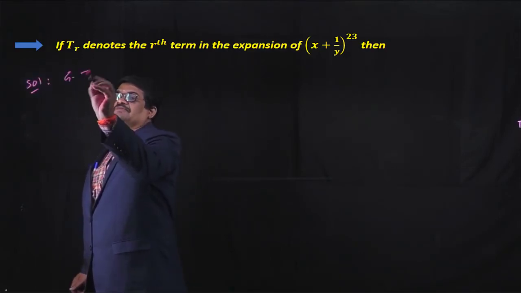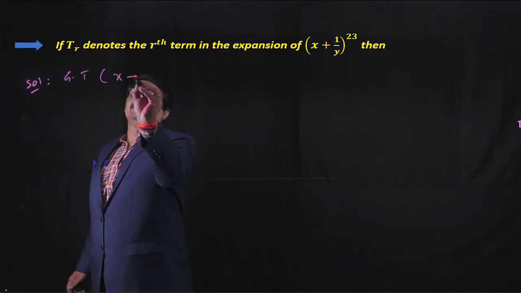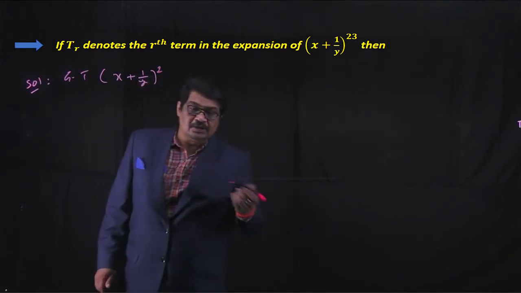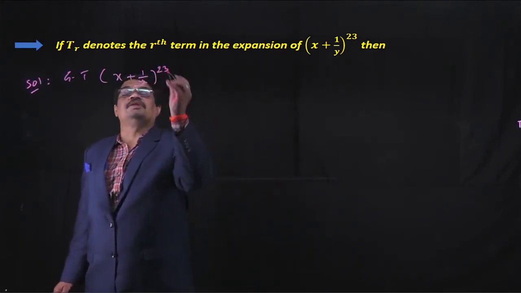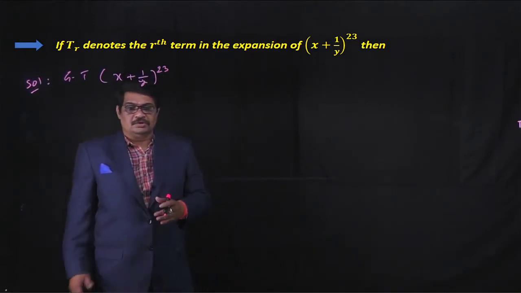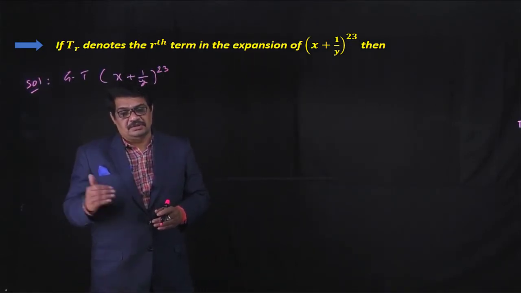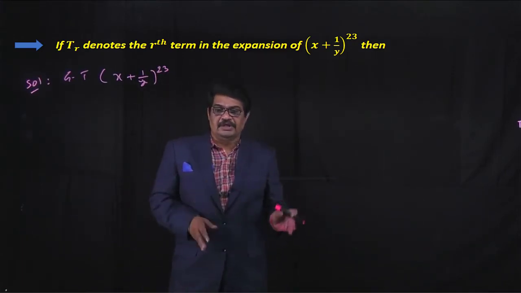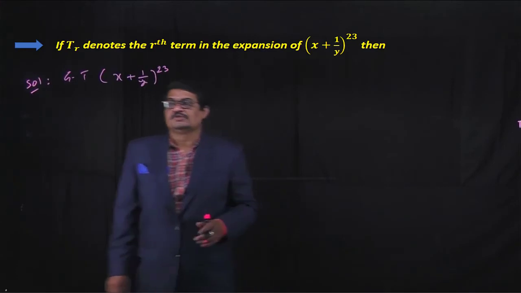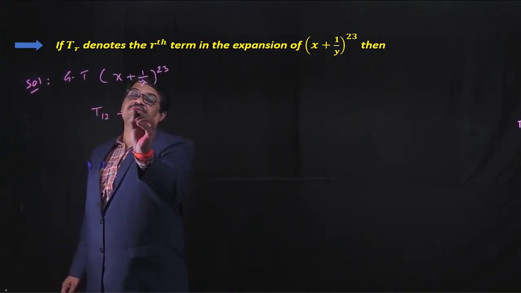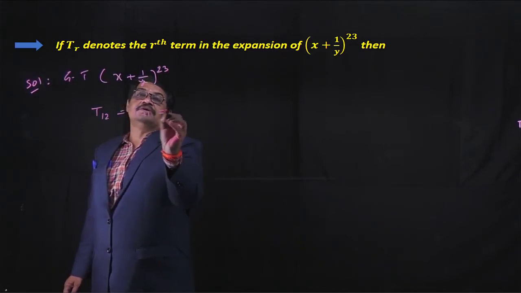The given expression is (x + 1/y) whole power 23. In the multiple options, we have to find what is the relation between T12 and T13. So what is T12? That is T11 plus 1.